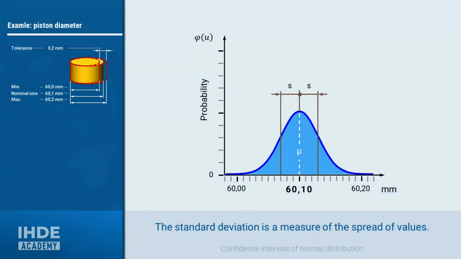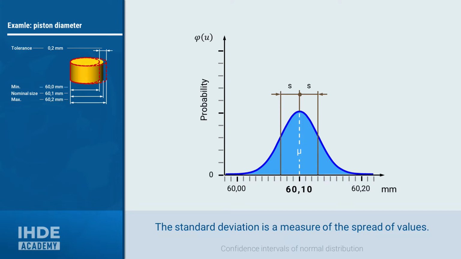The simple standard deviation is shown here. In our example, this is 0.03 mm. Therefore, the confidence interval extends from the center to 60.07 on one side and 60.13 on the other. The question now is, how many values are between the two limits?